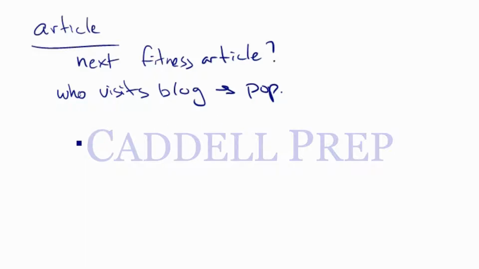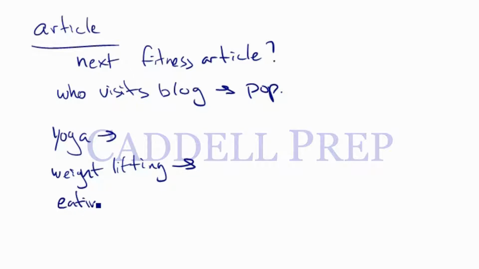Okay, but the visitors who read the fitness part that has to do with yoga will probably want an article on yoga because they appear to like it. They're reading the yoga page. If there's a weightlifting section and they're reading a weightlifting article, they'll obviously be biased towards that. And maybe there's a section on eating well and articles already on eating well. Visitors who are reading this article will probably be interested in similar articles.